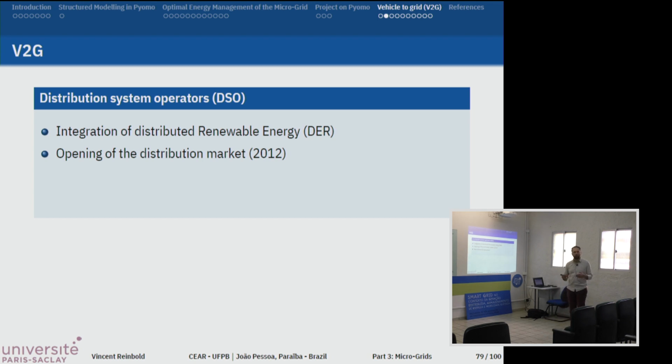Prosumer is the producer that can be consumer. Okay, so it's a new word, prosumer. It means that there are new laws, new contracts, new norms that allow people or users to sell energy to the grid. So now the grid is not unidirectional, but it's bidirectional.